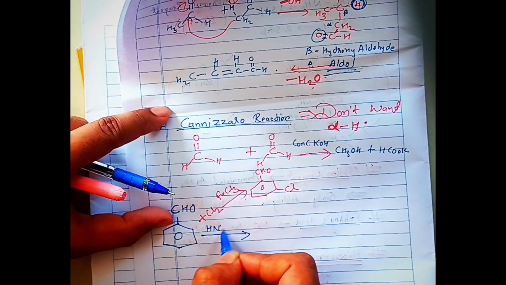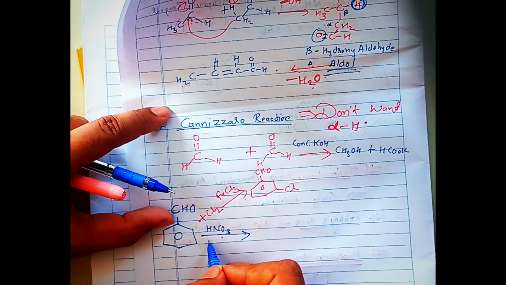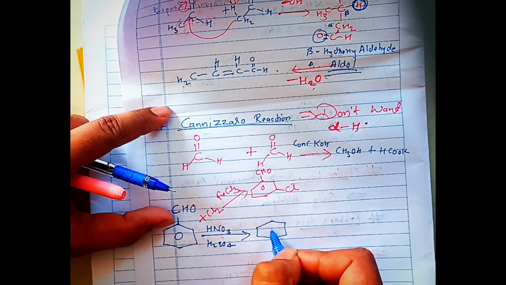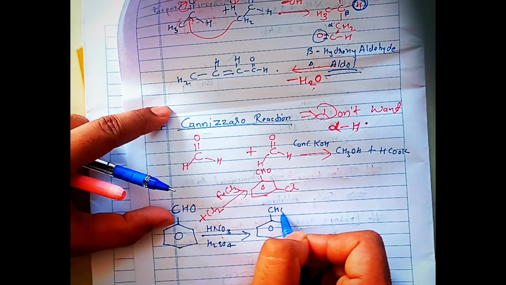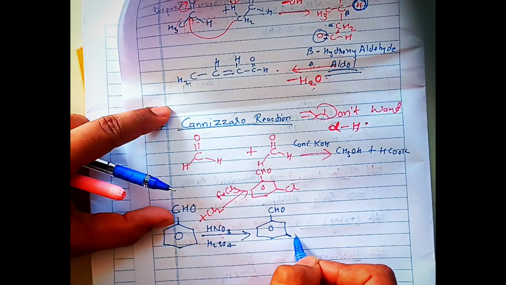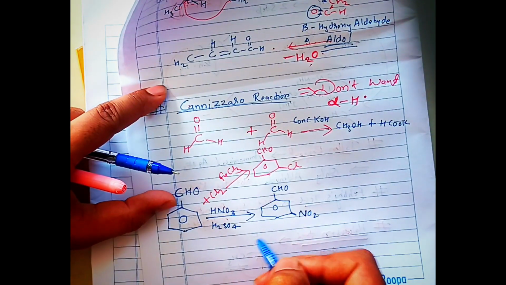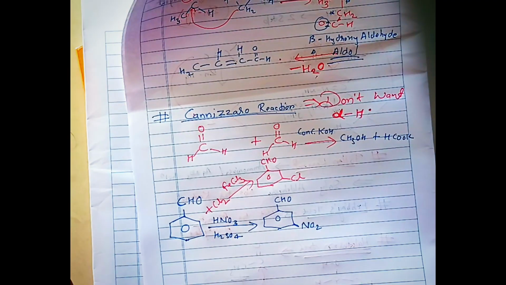Then for nitration, I will use HNO3 and H2SO4. Then I will get the product as CHO with the nitro group in the meta position, because CHO is an electron withdrawing group, right?